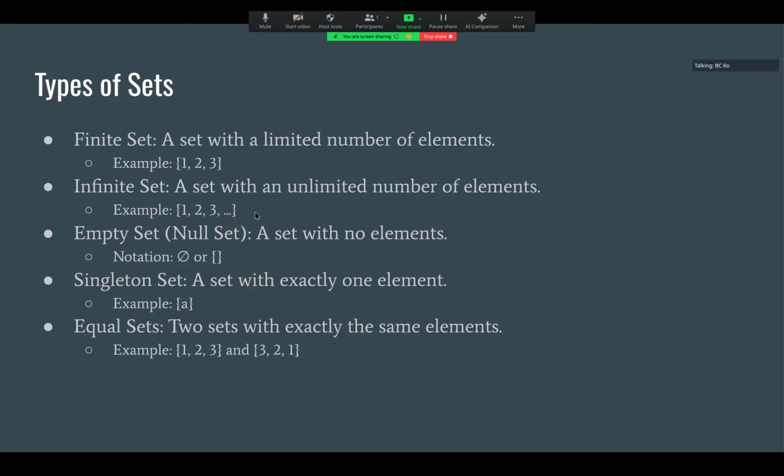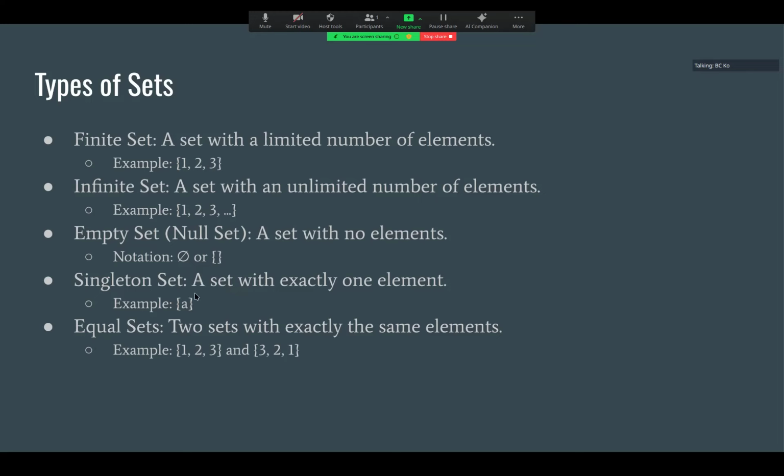An empty set, also called a null set, contains no elements and is represented as either an empty pair of curly braces or the symbol that signifies empty. A singleton set contains exactly one element, such as the set {a}.